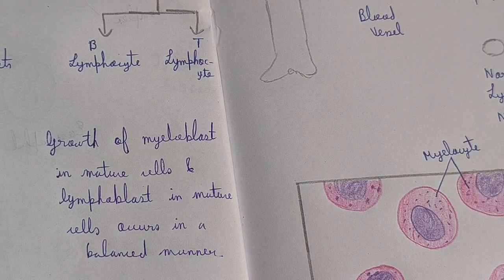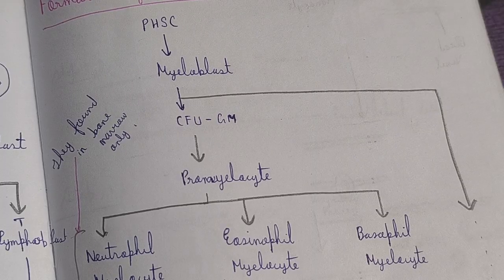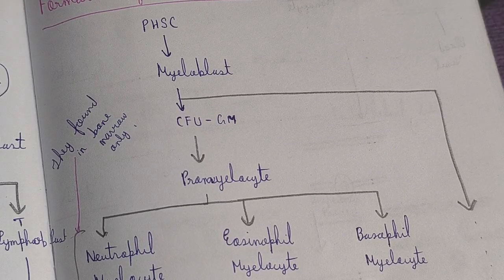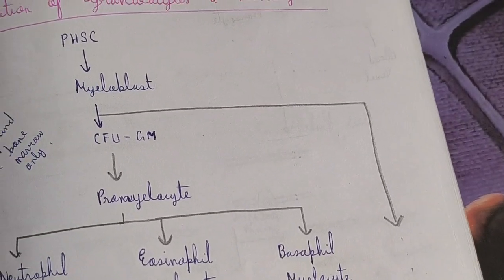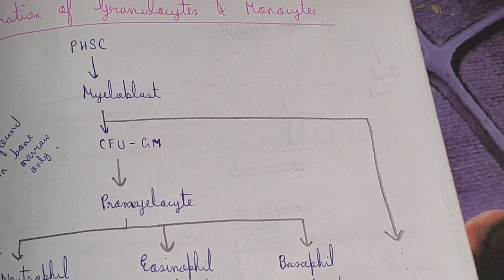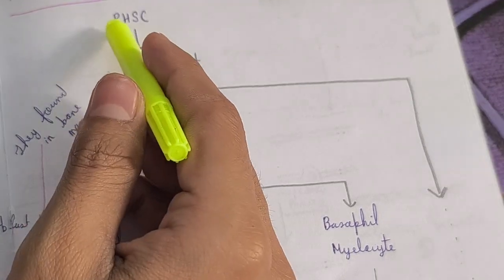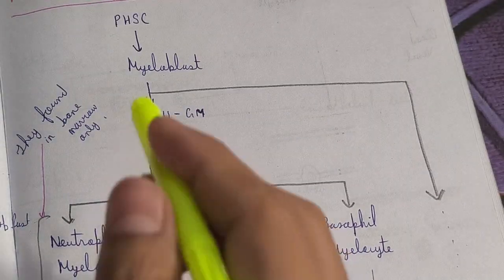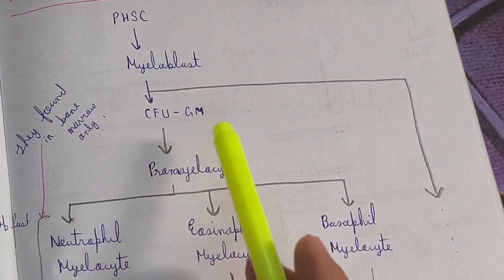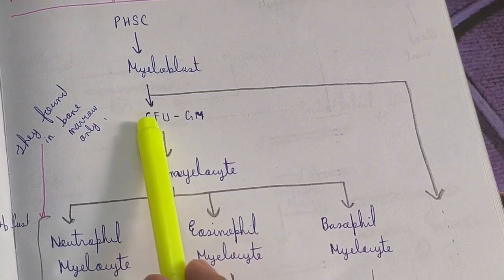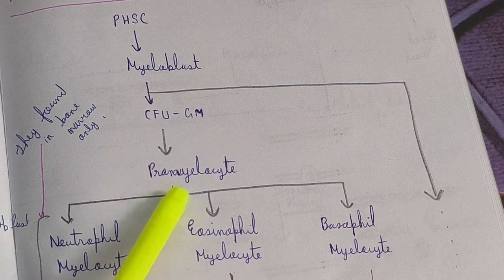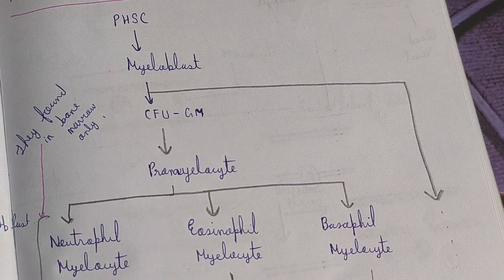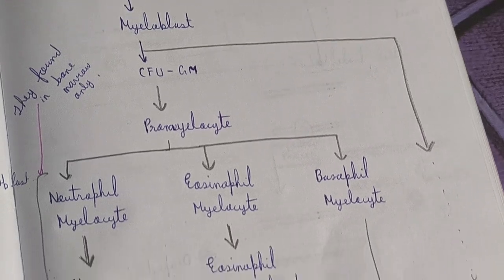Now further, in the formation of granulocytes and monocytes that I mentioned, from pluripotent stem cells myeloblast forms, and this myeloblast differentiates into colony forming unit granulocytes and monocytes.